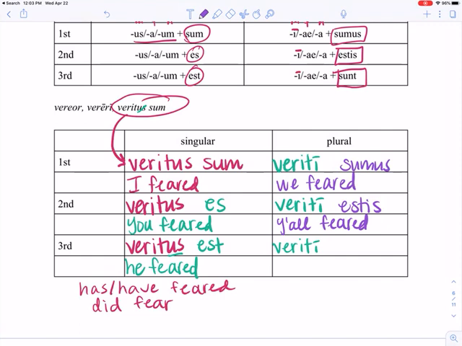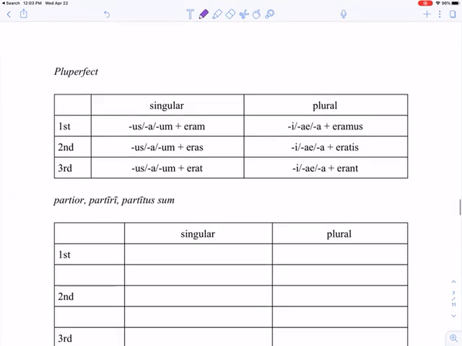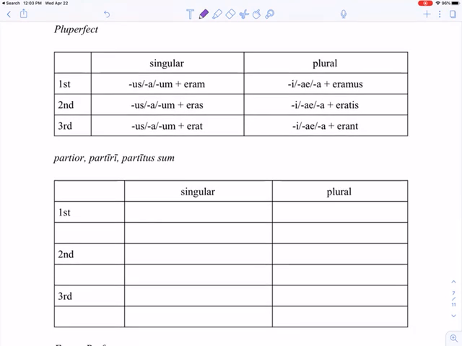And then for third plural, veriti sunt, and so this is they feared. All right, moving on to pluperfect. Again, let me add the macrons over our i's. We're using that fourth principal part, and it's our forms of sum that have changed. And that's how we know that it would be pluperfect.